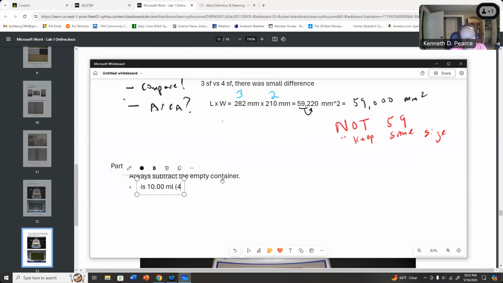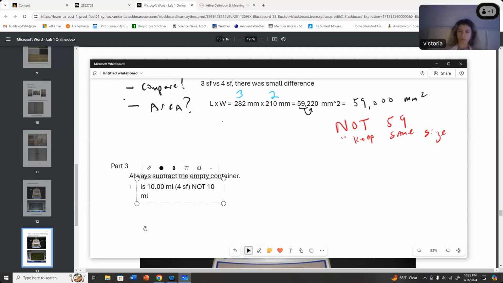So actually, this is 4 SF. Not 10 milliliters, because how many SF would that be? Well, if you assume that 0 is measured, it's 2. So we say 2 SF.